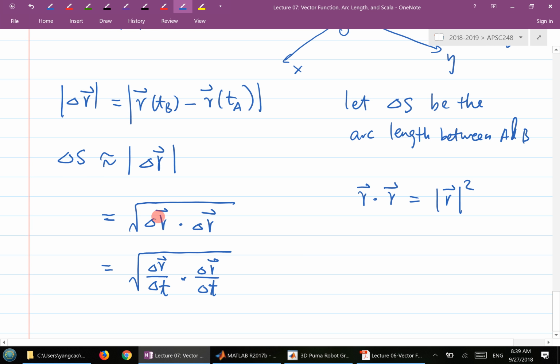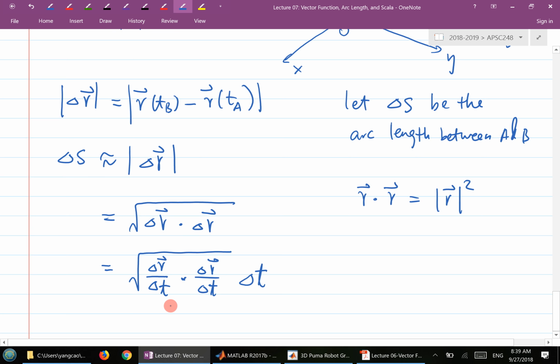In order to keep it the same, I need to multiply the whole thing by delta T. This way we're keeping everything the same, but now we have delta R over delta T.